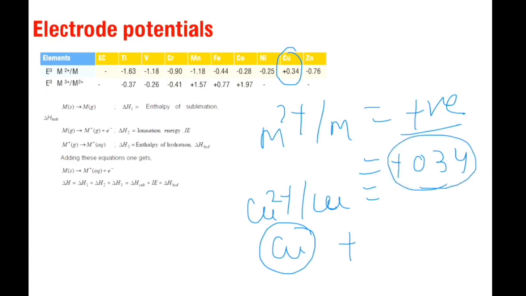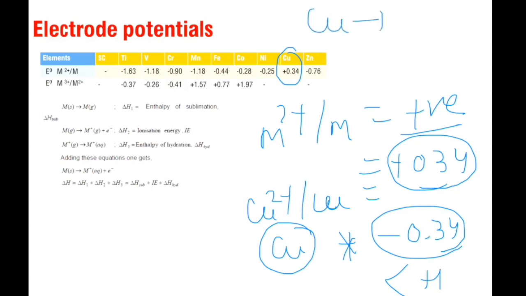So copper possesses negative oxidation potential. So it is less than hydrogen. So copper cannot reduce H plus ion. H plus ion cannot be reduced by copper because it is less value than hydrogen plus.